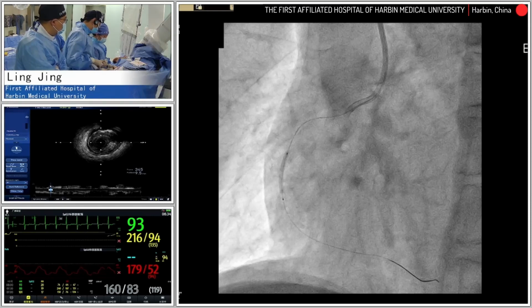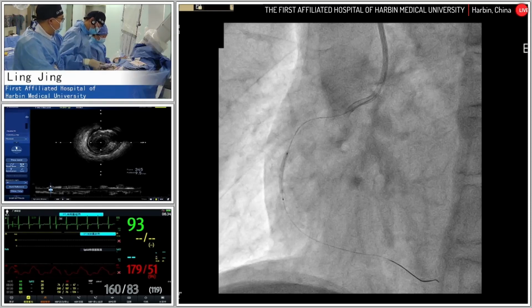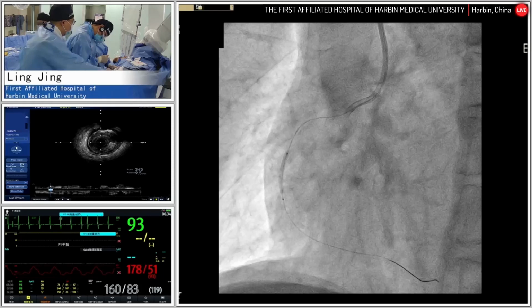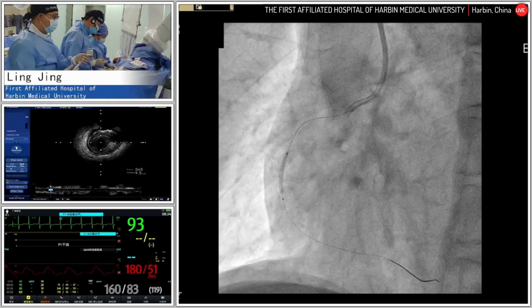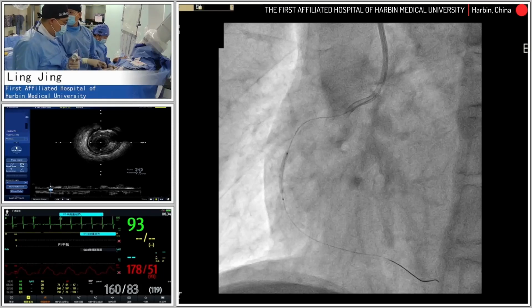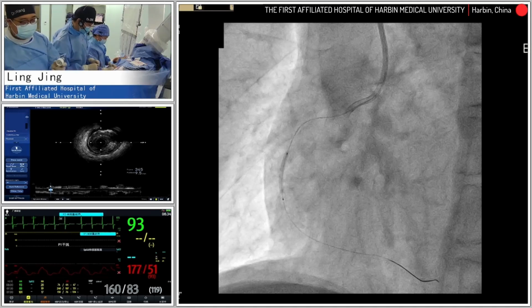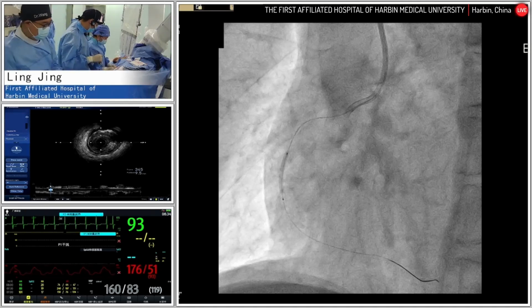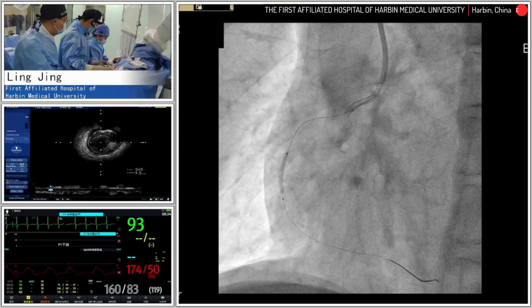And what is the name of this catheter? You mean the microcatheter, maybe? Yes. I'm not quite sure if it's okay to show the product or not. Maybe I'm going to try to show this microcatheter for you. I'm going to cover the signs.